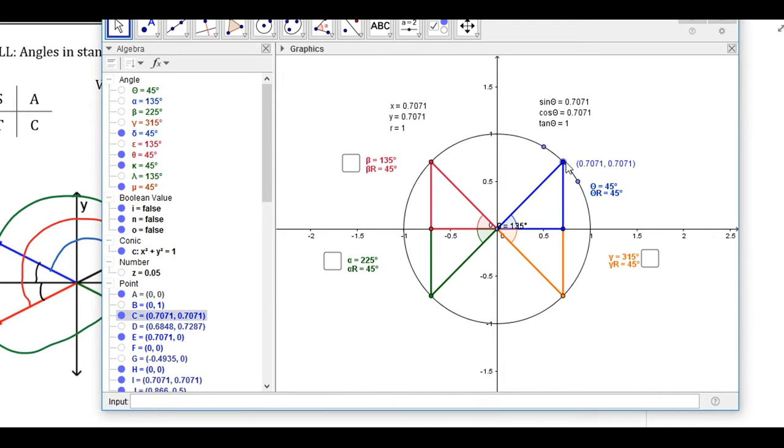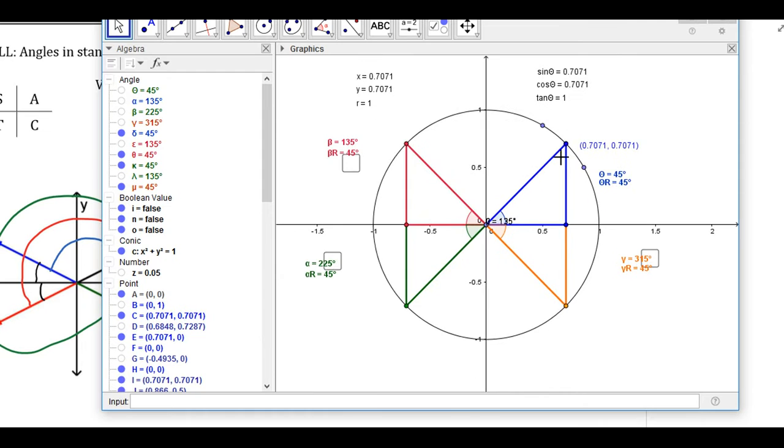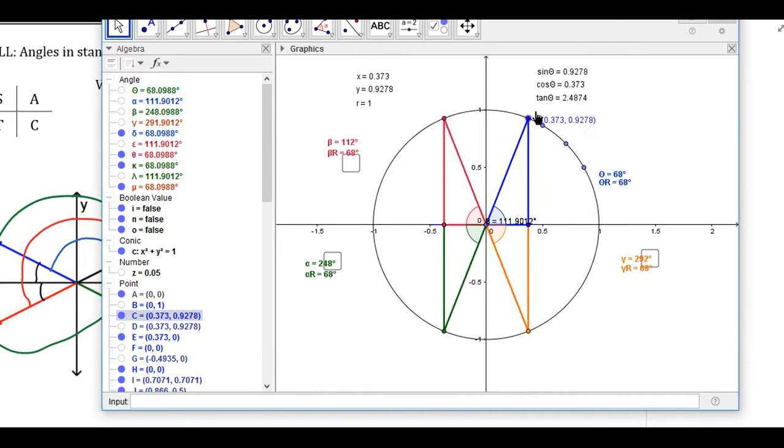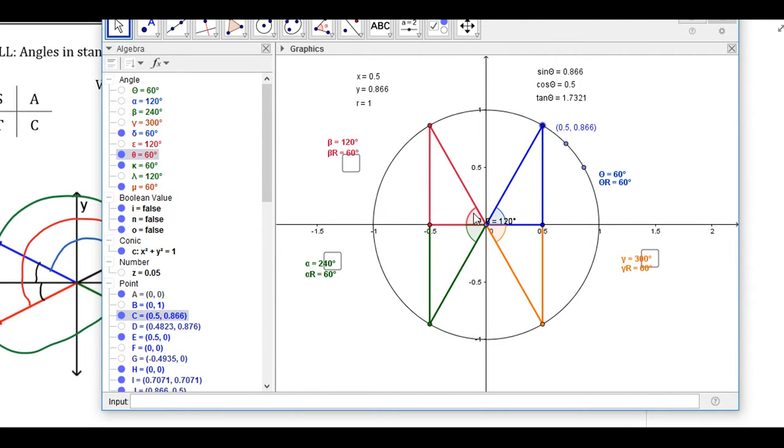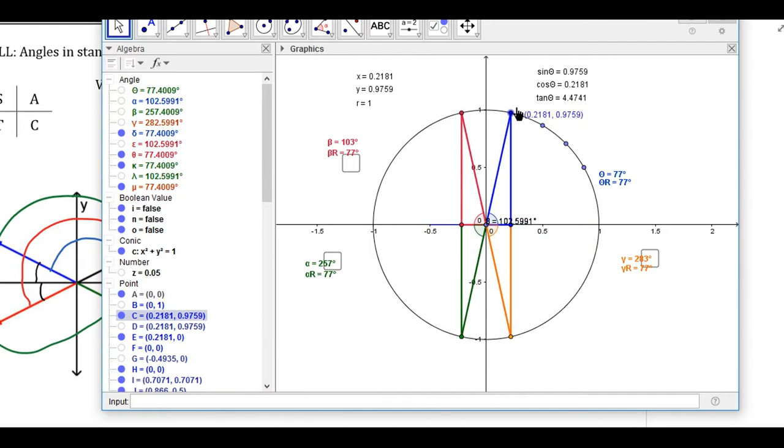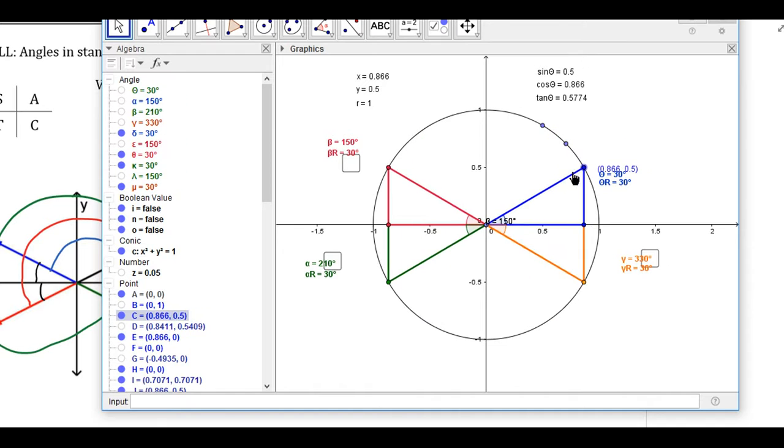So here's a little applet showing, if I drag this around, how theta related is each of these colors, and it's always the same for each of them. And you can see how the y value is the same for each, but if I'm below the x-axis, these y values are negative.